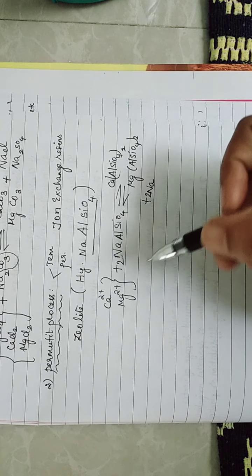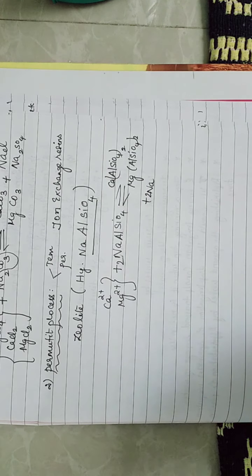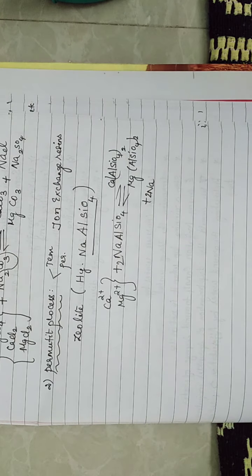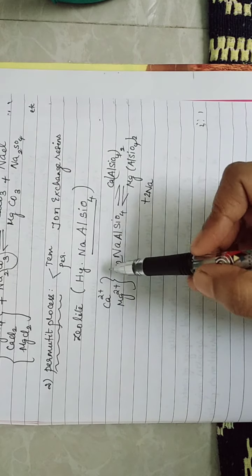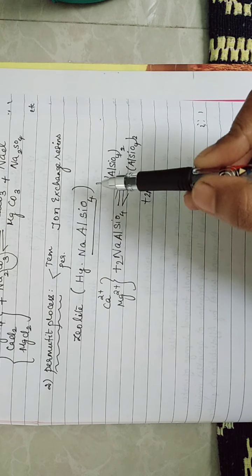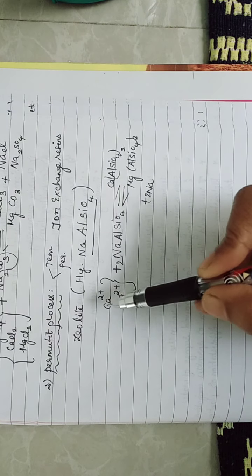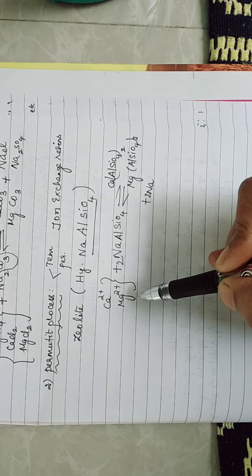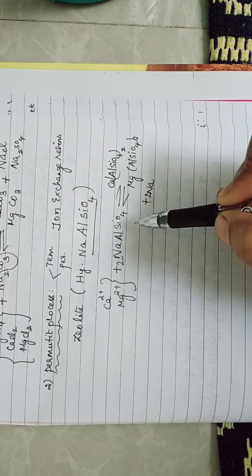Let me repeat it. What is the permutit process? The permutit process is used to remove temporary and permanent hardness of hard water by using ion exchange resins. Here zeolite is used. Zeolite is nothing but hydrated sodium aluminium silicate. I have my hard water containing calcium salts and magnesium salts, to which I am going to add my zeolite.